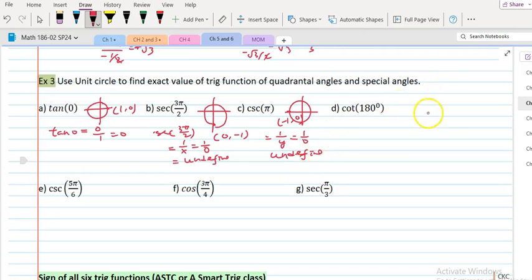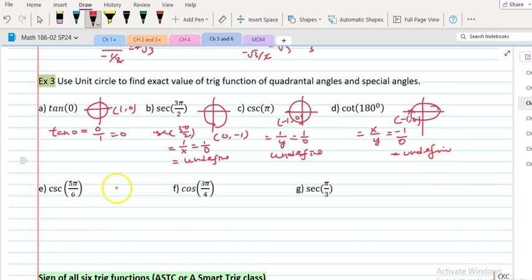Okay. Cotangent 180. 180 is here. This is negative 1 comma 0 again. But I want cotangent. Cotangent is x over y. So that's negative 1 over 0. Also undefined.